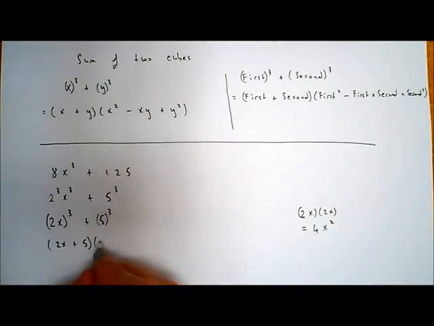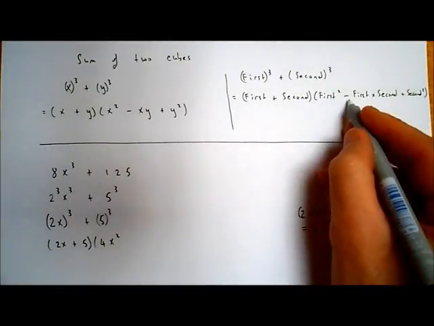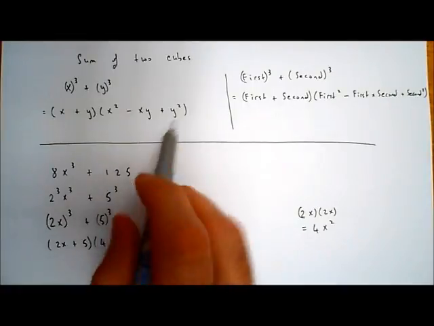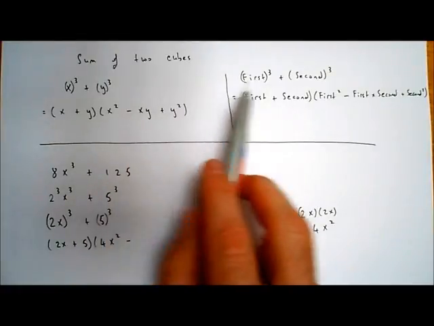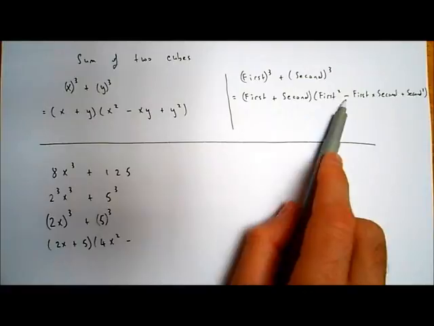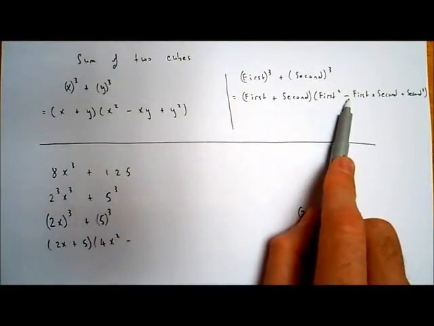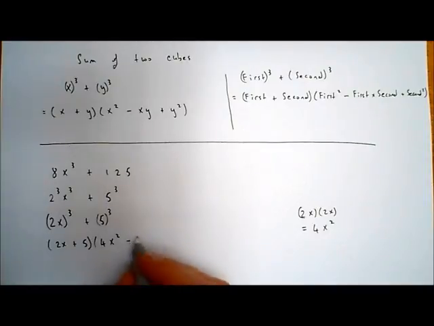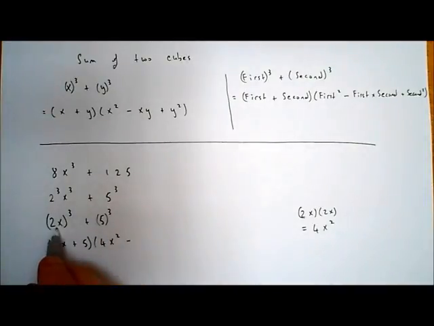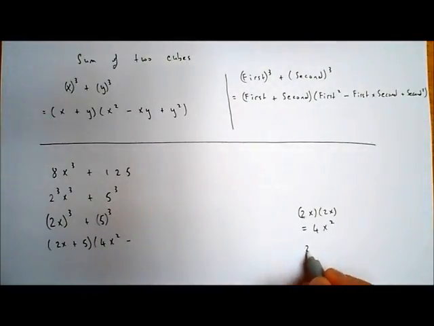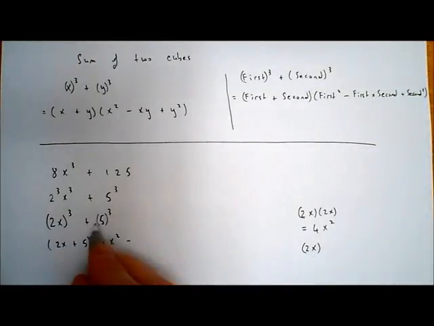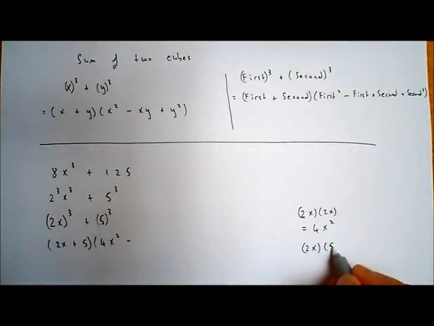So our first squared is 4x squared, so 4x squared minus. So the only difference between the difference of two cubes and the sum of two cubes is that this is a minus, and then this one here is a plus. So we've got minus the first by the second. So our first is 2x, and our second is 5, so it's going to be 2x by 5, which is 10x.